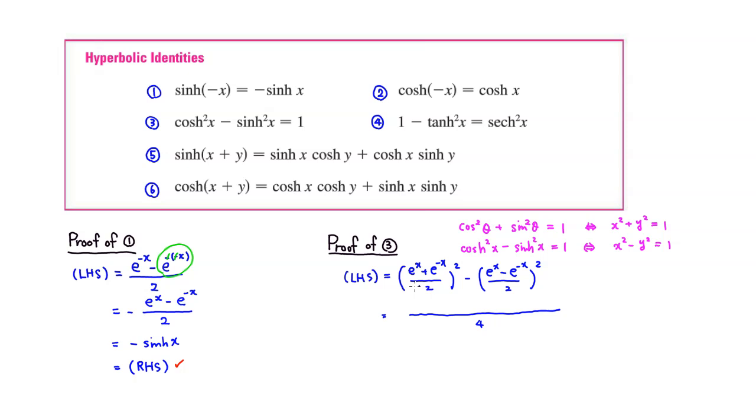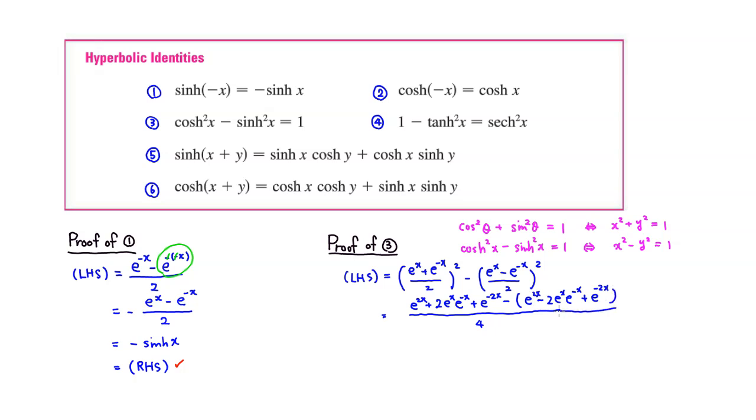If you square the numerator, you have e to the 2x plus 2 times e to the x times e to the negative x, plus e to the negative 2x, minus, squaring that numerator, e to the 2x, minus 2 e to the x times e to the negative x, plus e to the negative 2x.